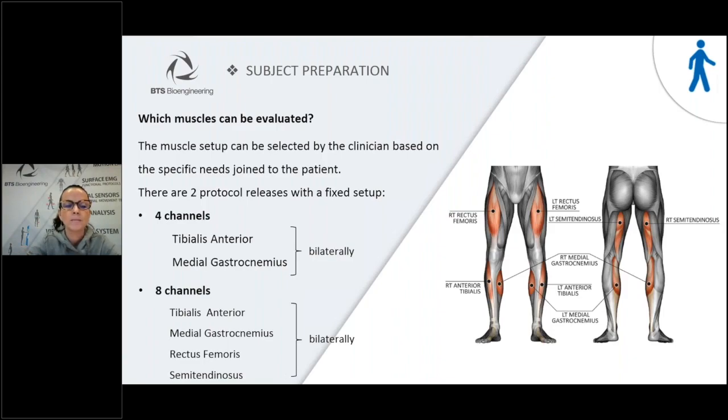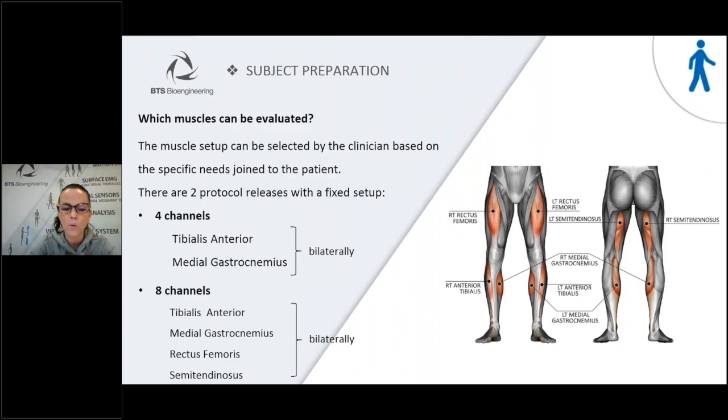The fundamental rule to keep in mind during the application of the probes is that the electrodes have to be applied on the belly of the muscle parallel to the direction of the muscle fibers.